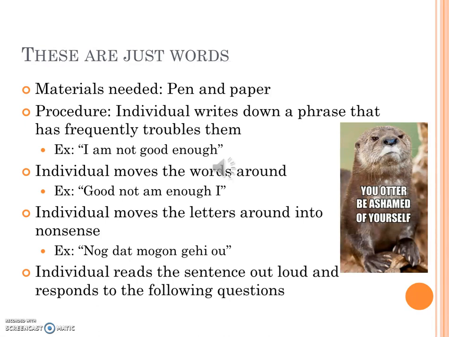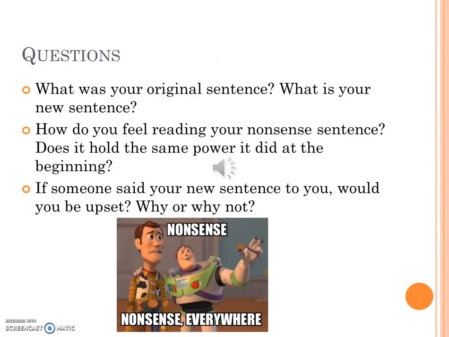So, good not, am, enough, I. In the third step, the individual would move the letters around to make absolute nonsense. So it still has the exact same words, the same letters, the same basic makeup, but it no longer makes sense. The individual then reads the sentence out loud and responds to the question on the next slide.